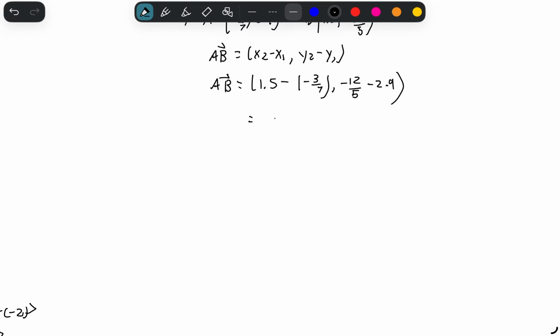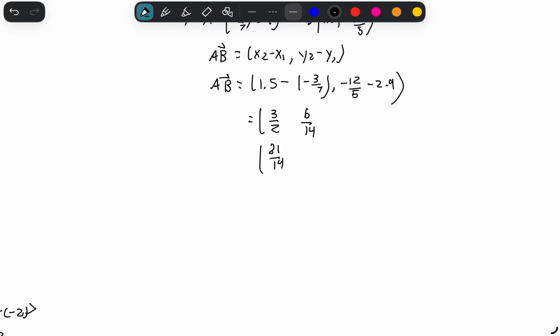We know 1.5 is the same thing as 3/2, and we can write 3/2 as 21/14, and 3/7 we can write as 6/14.